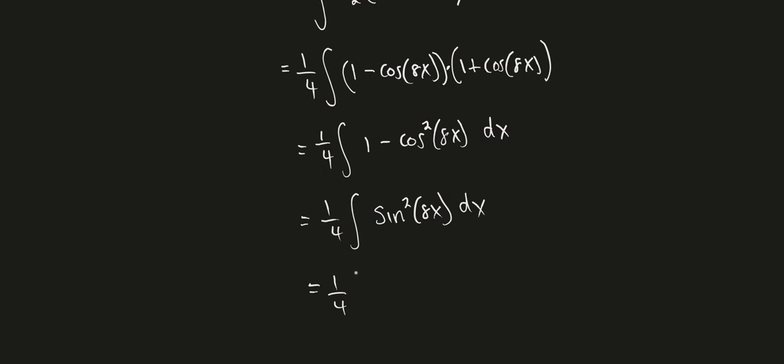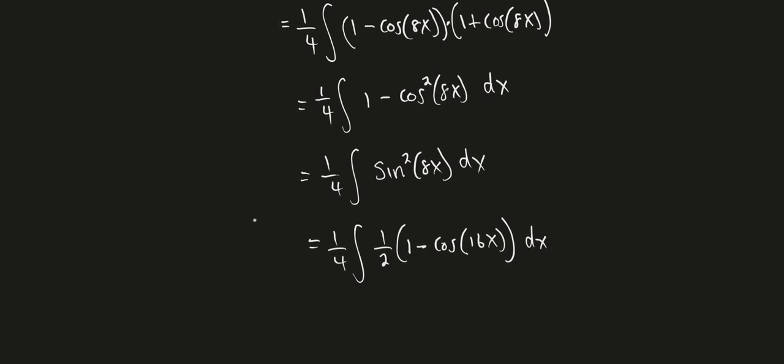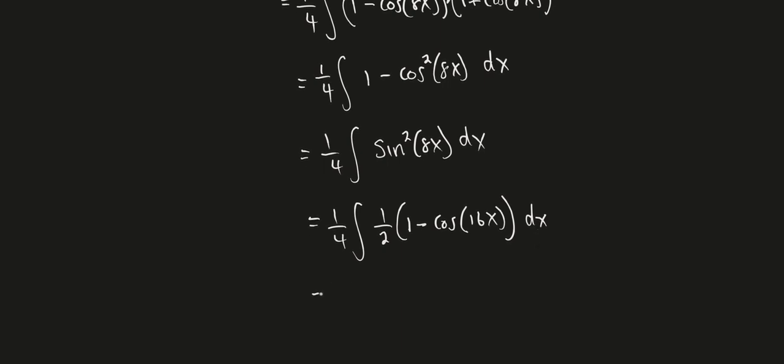So we have 1/4. This becomes 1/2, the quantity 1 minus cosine of, now double the 8x, it becomes 16x with respect to x. Factor out another 1/2, so we now have a 1/8 outside, and finally we can write down what this antiderivative is, right?